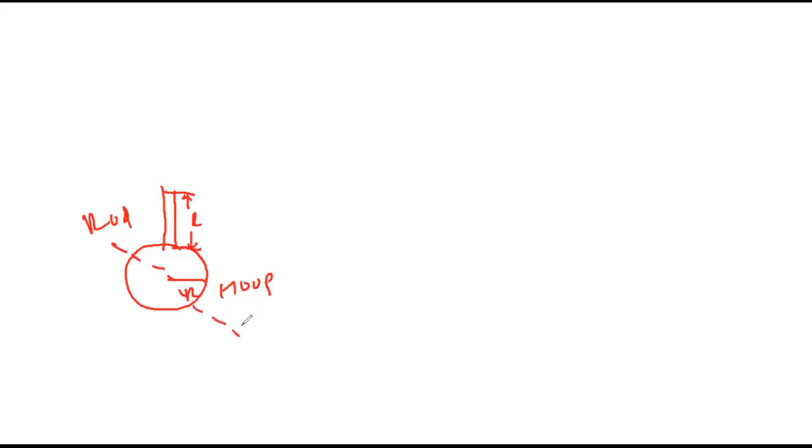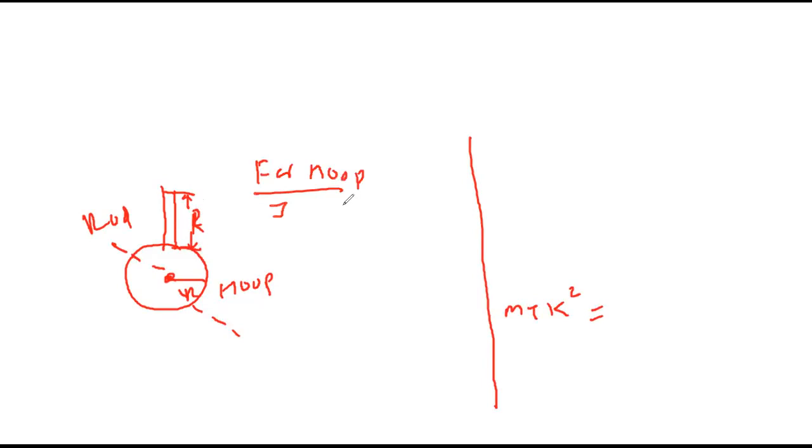See, first, if they ask radius of gyration, it means first you find I, then total mass into k square is actually the moment of inertia. So this is R. I want the total moment of inertia of the system. So for the hoop, I will be mr square only because it is passing through the center perpendicular to this.